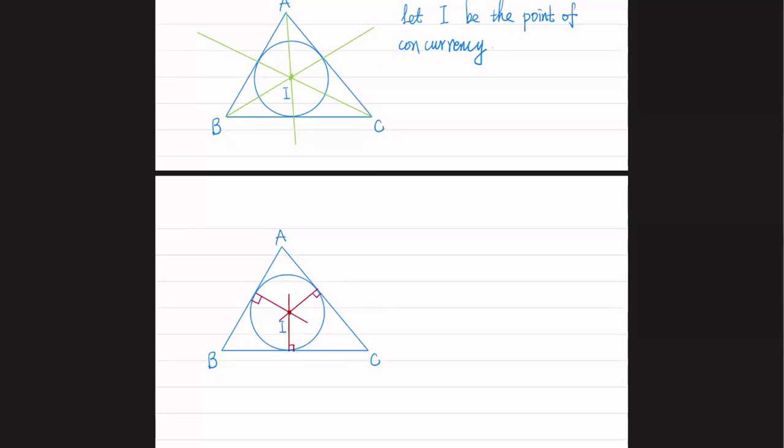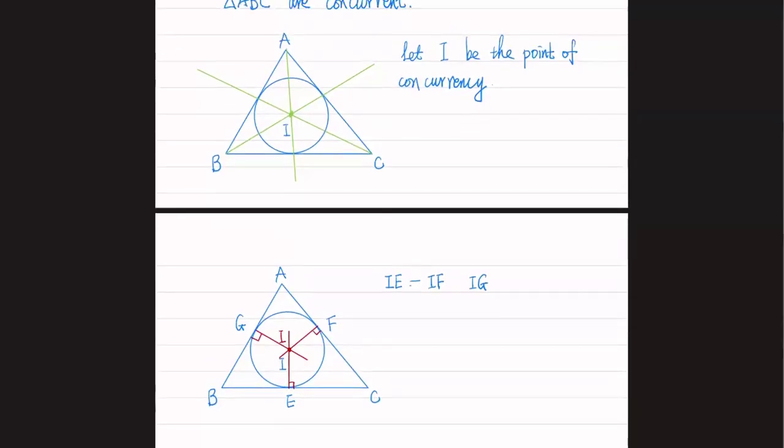Okay, the important thing about this is that if we mark these points E, F, G, we find that these three segments have the same size, same length. So we will call it the radius.